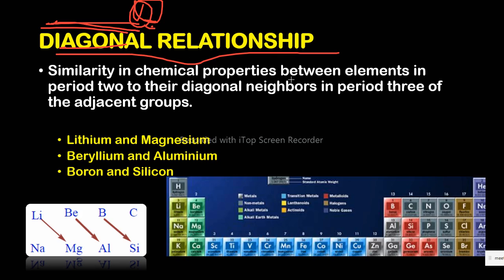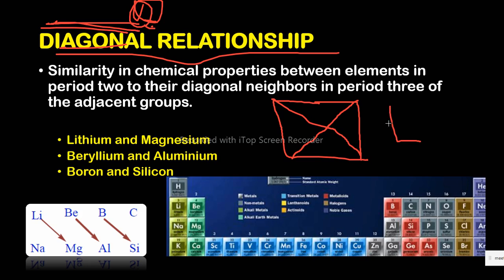Okay? Diagonal, it is in the periodic table, you are told that this is a diagonal. And also this is another diagonal. So if you have maybe your two elements, your two elements are like this.